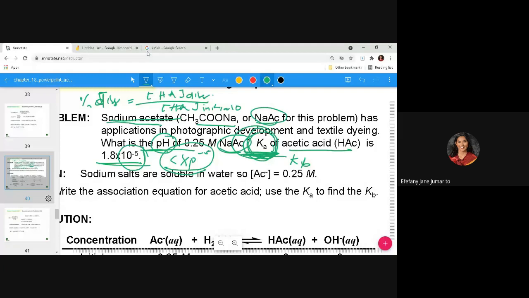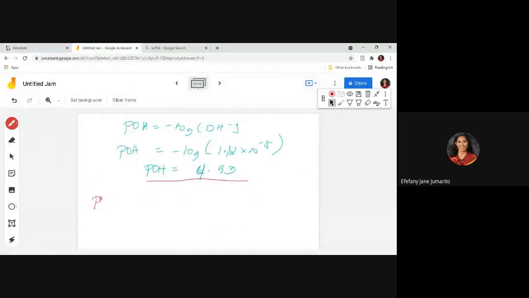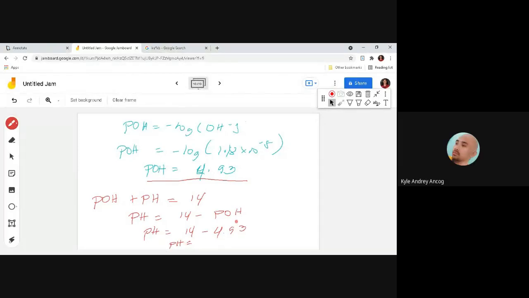Okay, but we are still looking for pH, class. So we know the relationship: pOH plus pH is equal to 14. So pH is equal to 14 minus pOH. So pH is equal to 9.07.